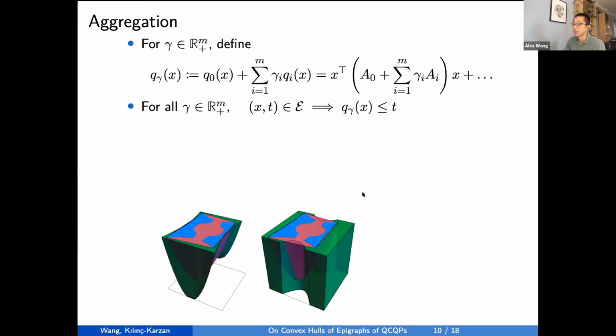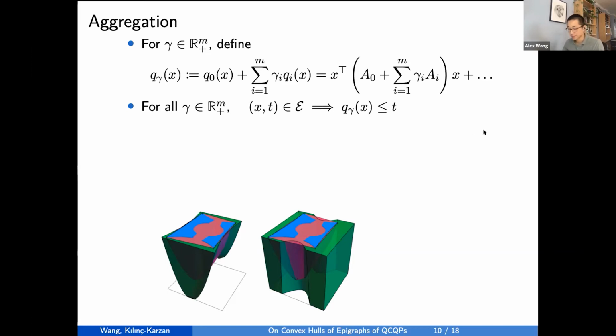But what we're really after is valid inequalities for the convex hull of the epigraph and not the epigraph on its own. And unfortunately, even though q gamma of x at most t is valid for this blue epigraph, you can see in both of these examples that this green epigraph does not contain the pink convex hull of the epigraph. The issue is that we're dealing with non-convexities here.